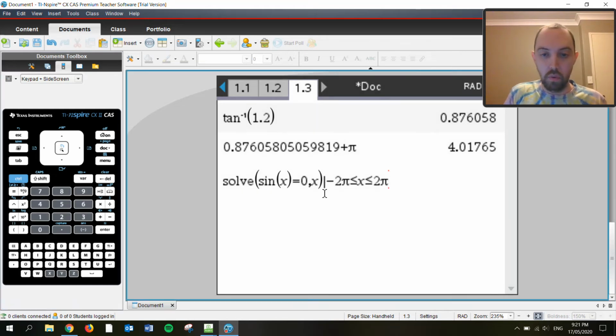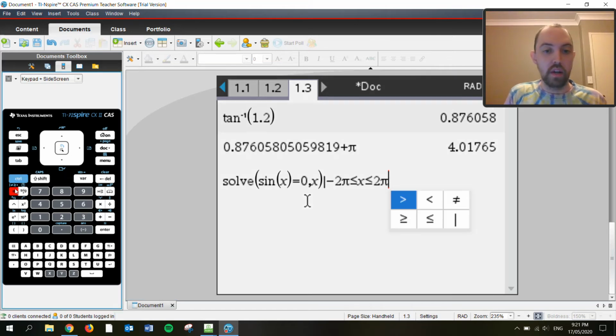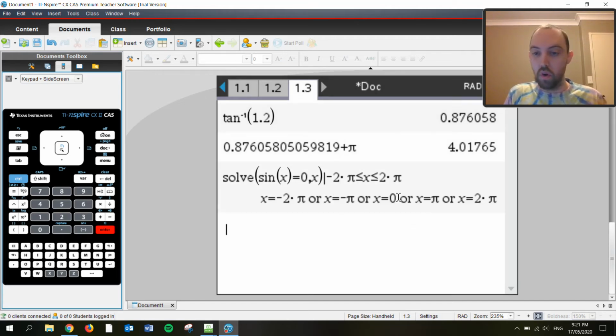Okay, so we said for x is between negative 2 pi and 2 pi. We have to use it again. You can find it in where the equals is. I know you can't see where I'm pointing, so down here, and using this one. And then it will give you all of the solutions within that domain.